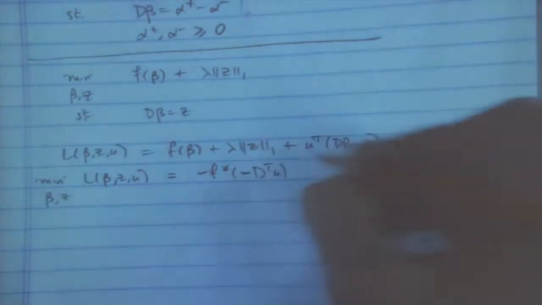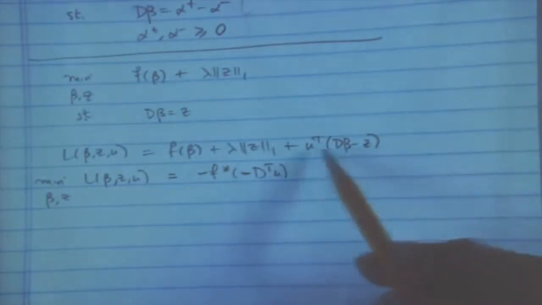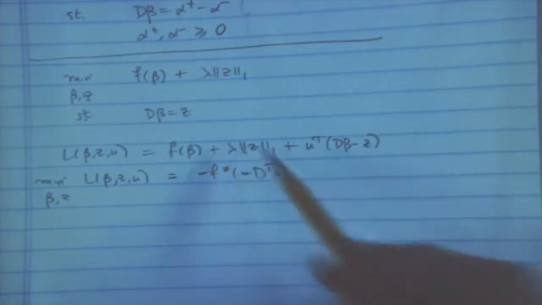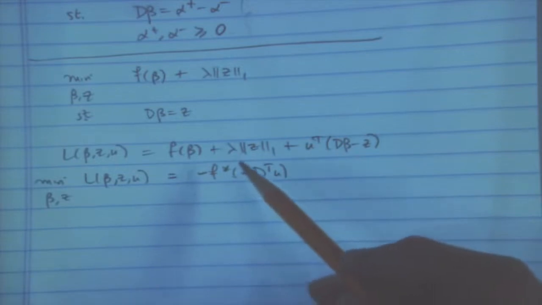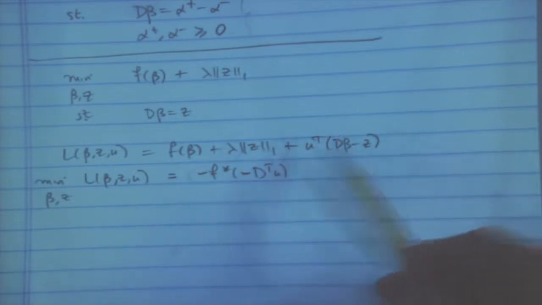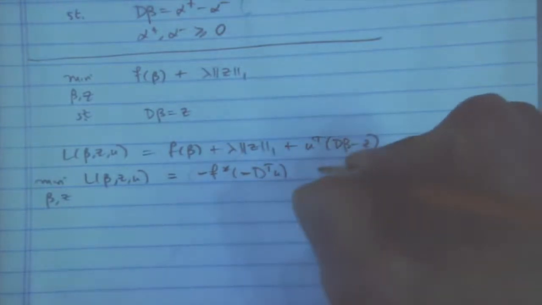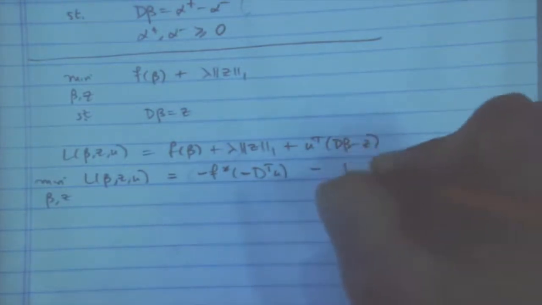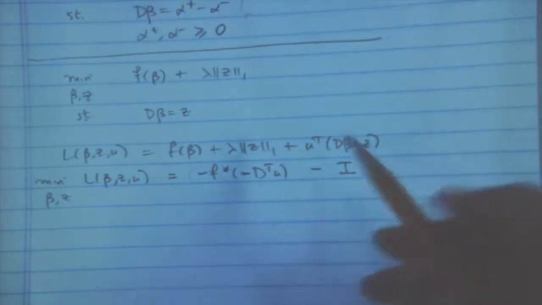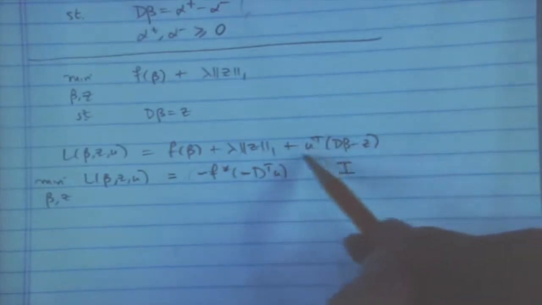And then this part for the L1 norm, you can look at this and say, well, I'll pull out lambda, and this really just looks like the negative conjugate of the L1 norm. That's all it is. And we know that the conjugate of the L1 norm is evaluated at u over lambda.